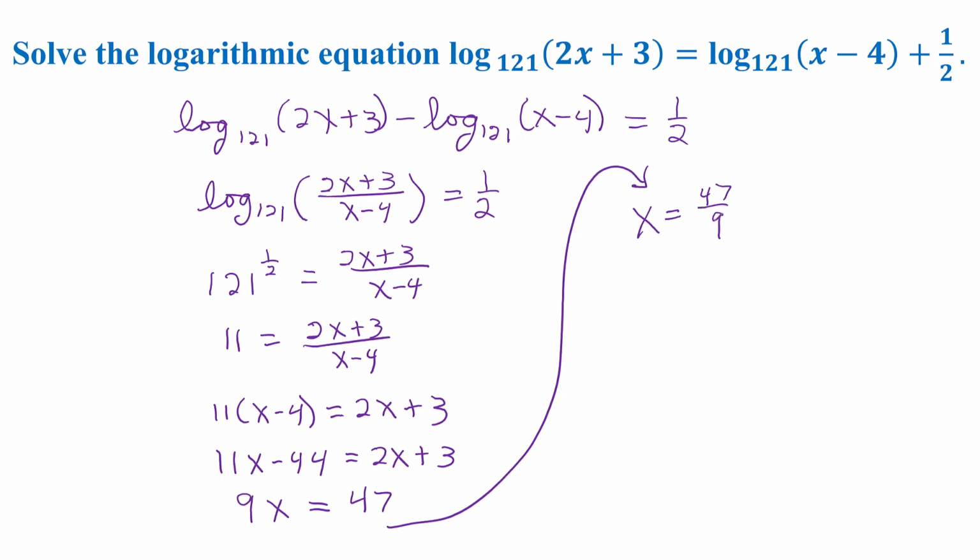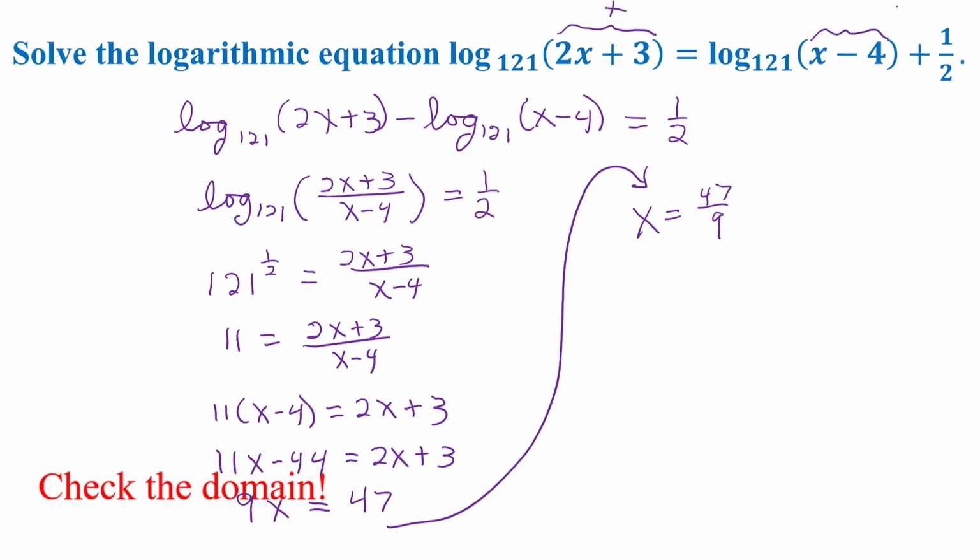Okay, but remember, we need to check the domain here. So before calling this an answer, let's check. If I plug 47 over 9 into x for 2x plus 3, I'm going to have a positive number. That's all I need to know. I'm good there. What about x minus 4? 47 ninths minus 4.